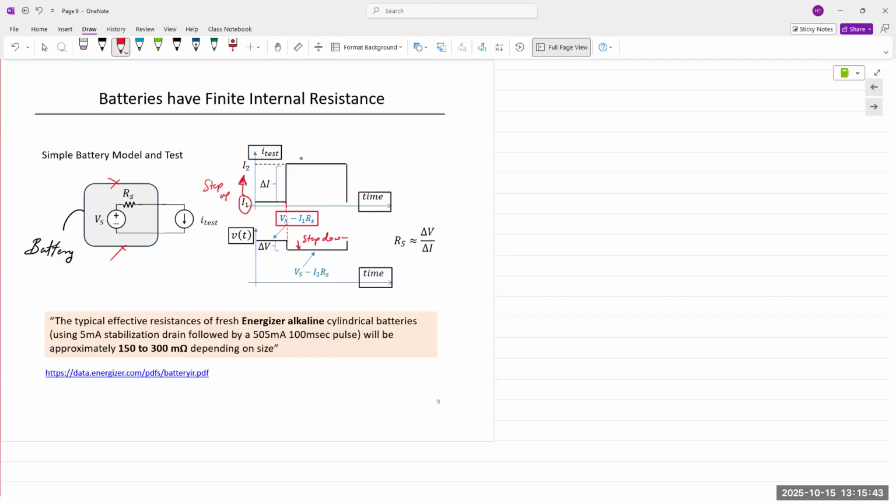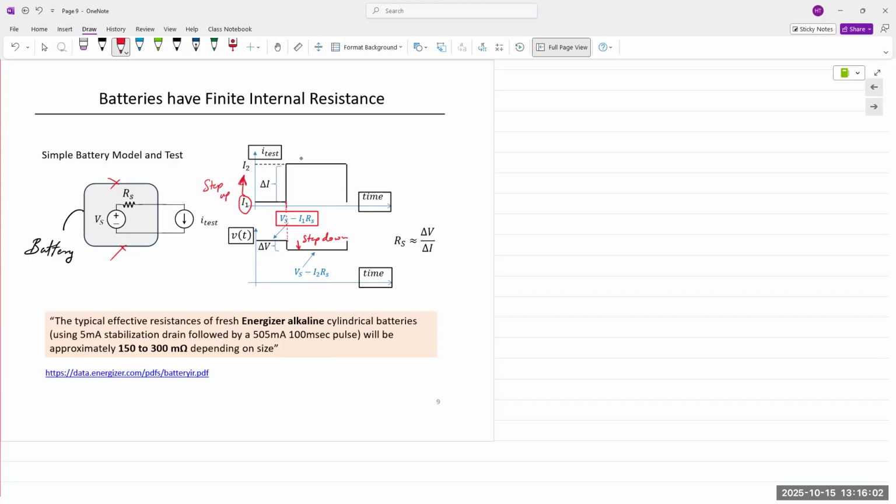Does that make sense to everyone? If you have a battery, we have a current, and we can measure the output voltage, or the change in the output voltage, as a result of the change in the current.